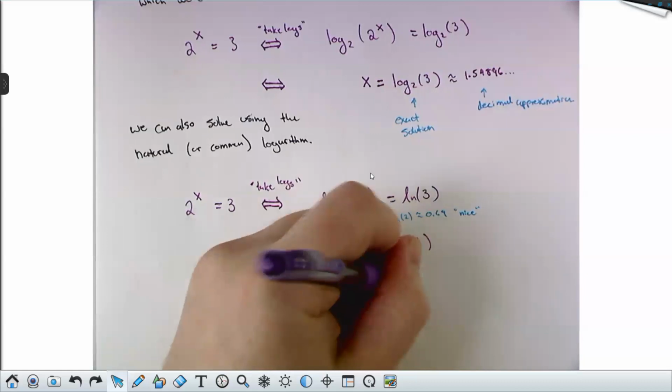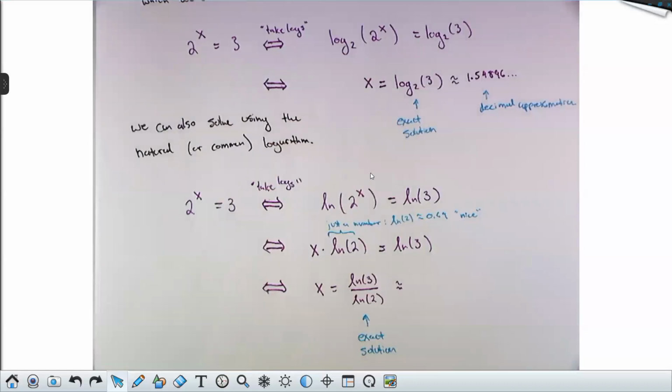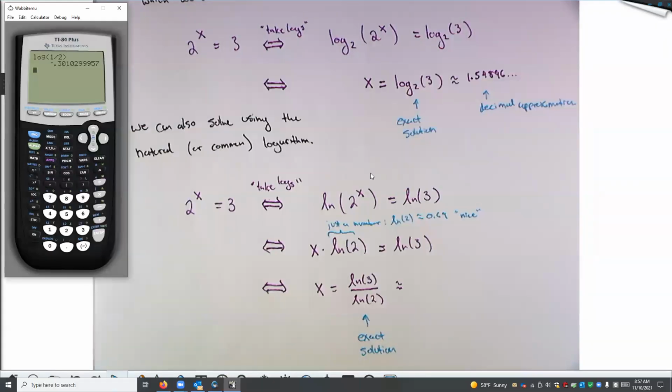We can plug the second one into my calculator, though. You can plug the second one into your calculator, the ln of 3 over the ln of 2. ln 3, close paren. Careful with your parentheses, right? Got to close that paren. Divided by ln of 2, close paren. And you get that same number, 1.58496. Oh, did I transpose the 8 and the 4?